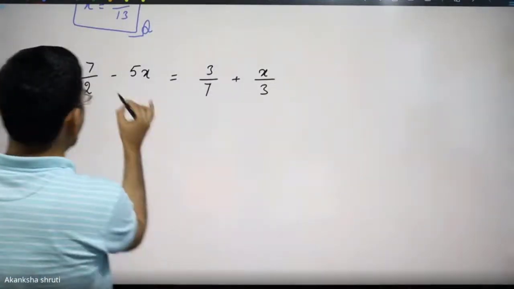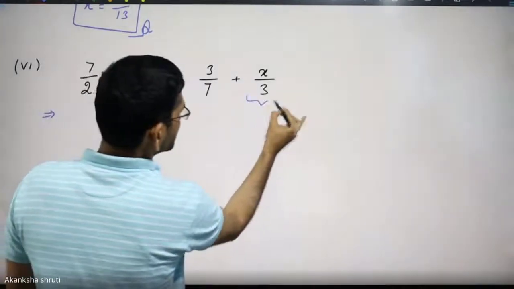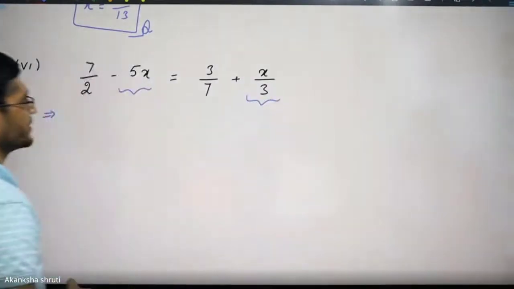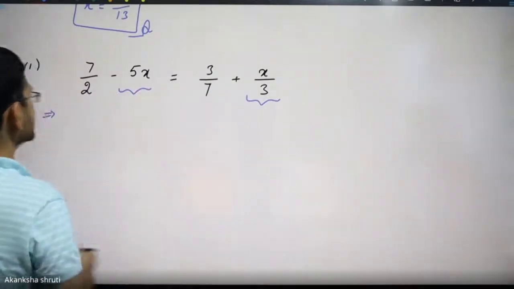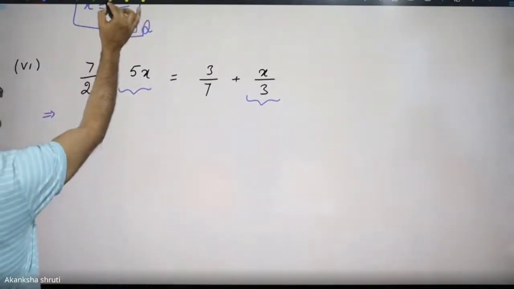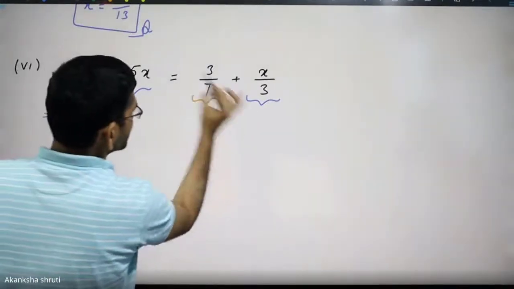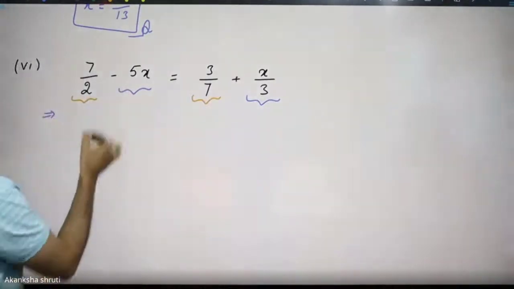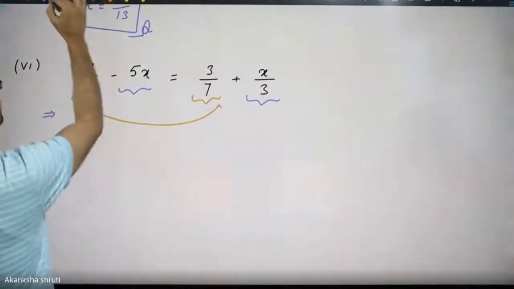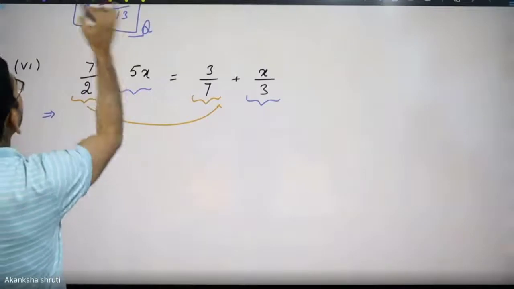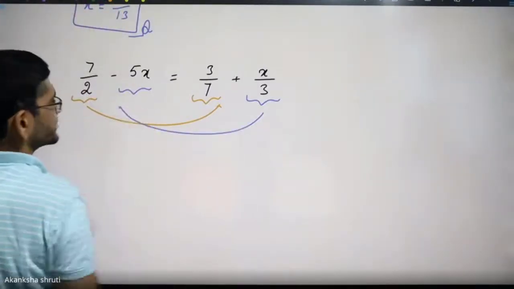Here we have the variable x on both these sides. We will bring all these variables on the left hand side and the constants on the right. One constant is this one, another this one. So we need to change the constants to this side and we need to bring the variable on this side.